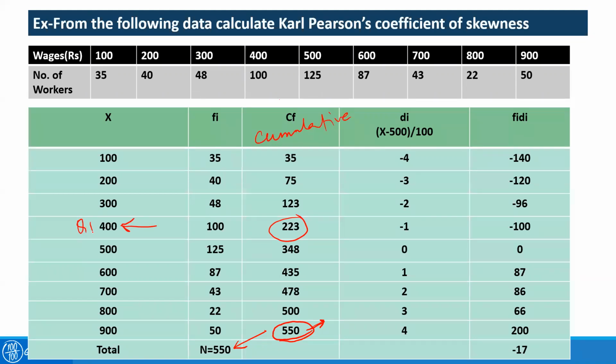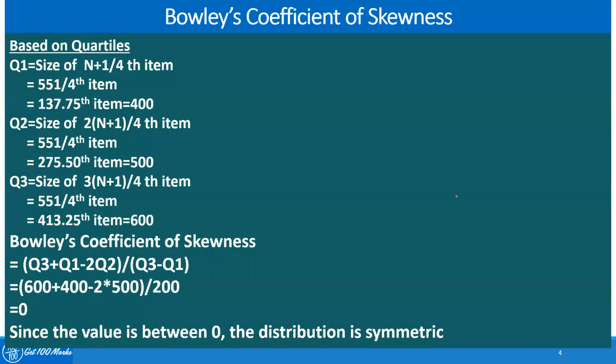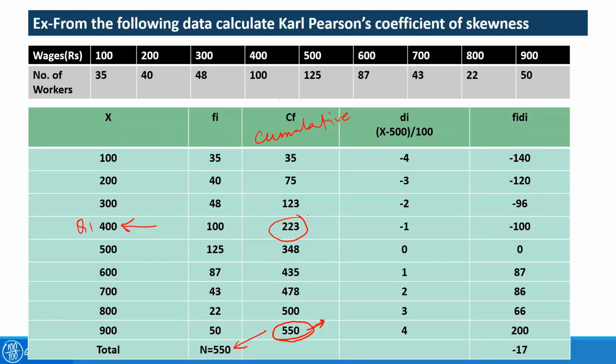In a similar way, for Q2 it is 2 into (n plus 1) by 4, that item is coming as 275.5. The value more than 275 is 348, and therefore this value 500 will come as your Q2.